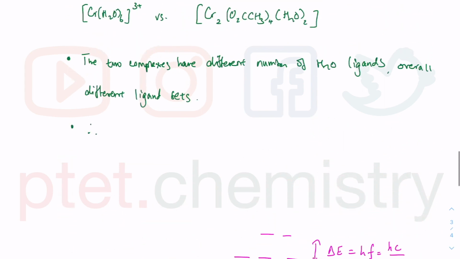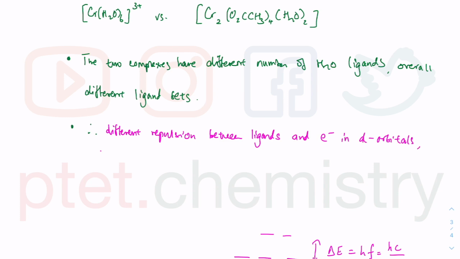So different ligand sets give different repulsion between ligands and the electrons in the d orbitals. Therefore a different delta E equal to hf equal to hc over lambda absorb.